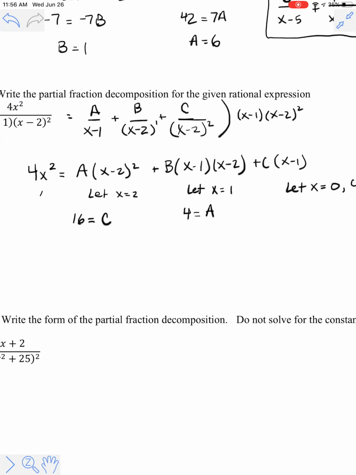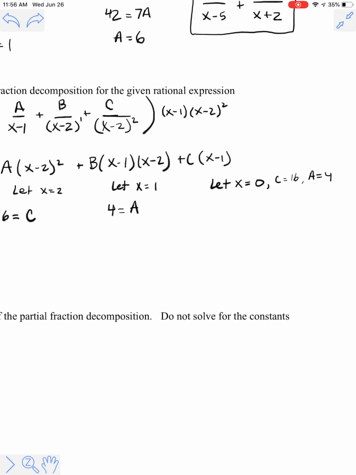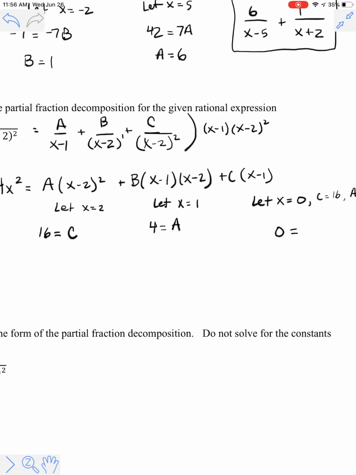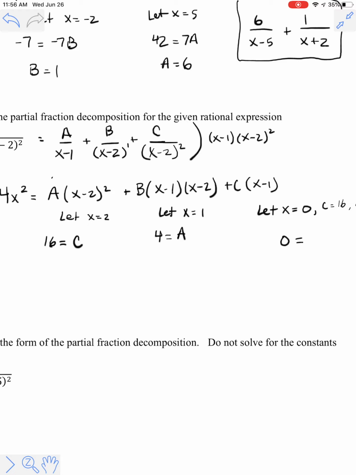So if x equals 0 here, then 4 times 0 is 0. If a is equal to 4 and x is equal to 0, I get 0 minus 2, which is negative 2. Negative 2 squared is 4, and then 4 times 4 is 16, so that becomes 16. And then I don't know what b equals, but I'm plugging in a 0 right there. So 0 minus 1 is negative 1, 0 minus 2 is negative 2.